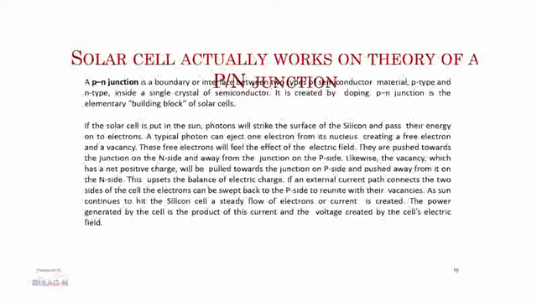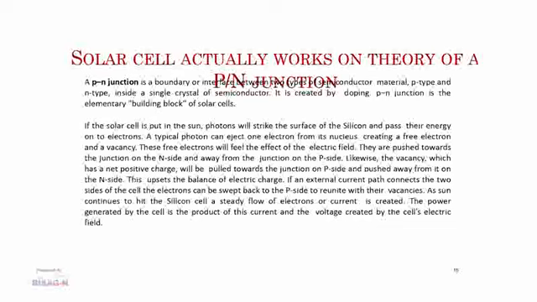They are pushed towards the junction on the n side and away from the junction on the p side. Likewise, the vacancies, which have a net positive charge, will be pulled towards the junction on the p side and pushed away from it on the n side.